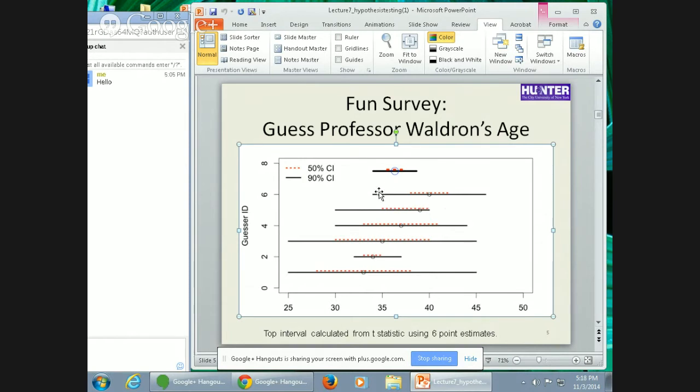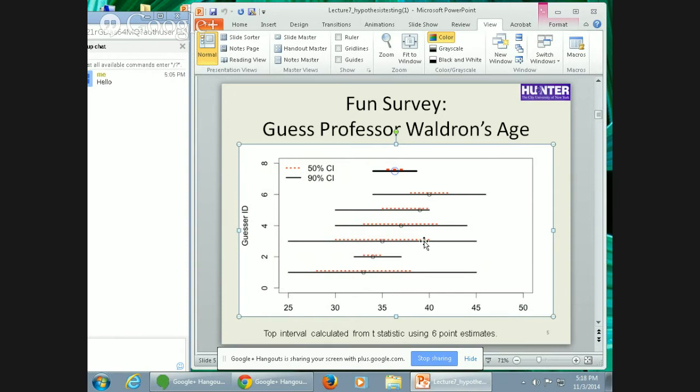So I guess 5 out of 6 of them, their 90% confidence interval included my true age, and 1, 2, 3, 4 out of 6, the 50% confidence interval included my true age.